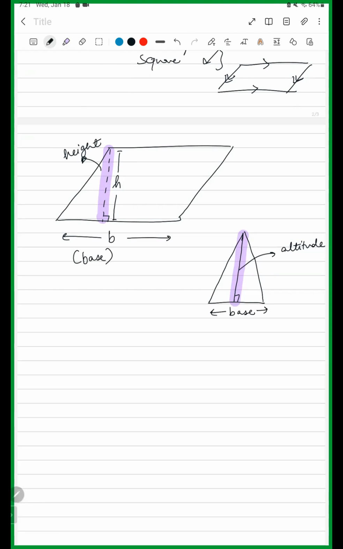So how do we find the area of this parallelogram? Let me show you. Just consider. Base multiplied by height. And why? ऐसा क्यों है? Because they both are opposite. What are opposite?